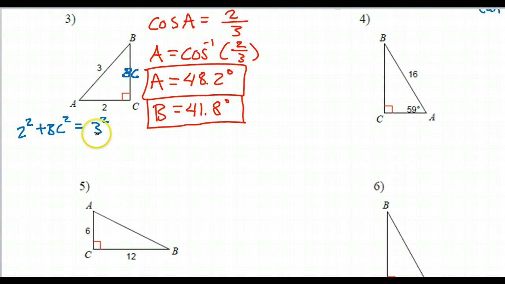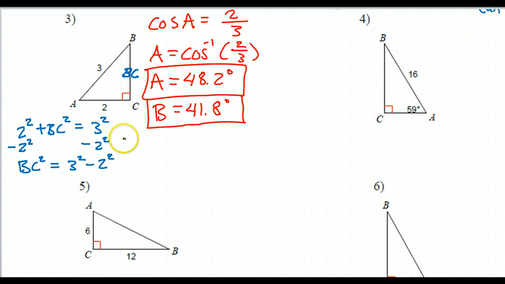Why does the 3 go by itself instead of the bc? The hypotenuse always goes by itself. So then we're just going to subtract 2 squared from both sides. So that's going to give me bc squared is equal to 3 squared minus 2 squared.